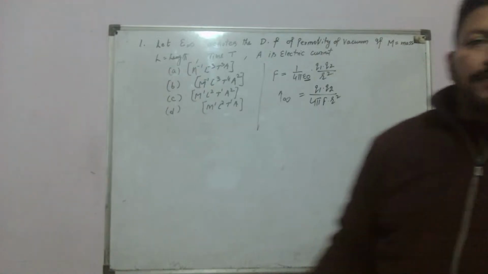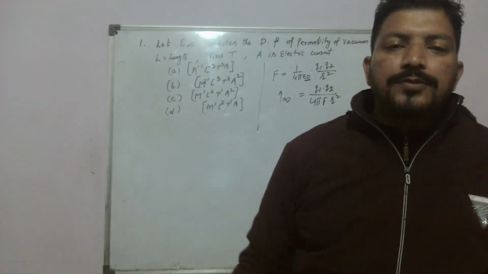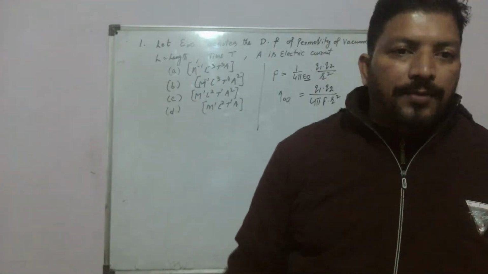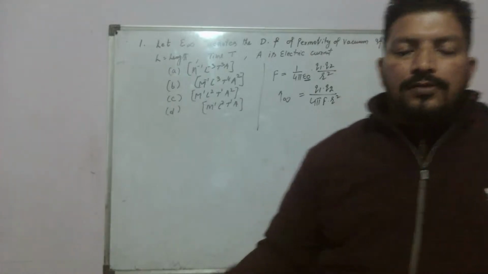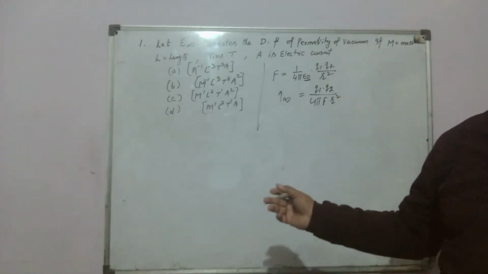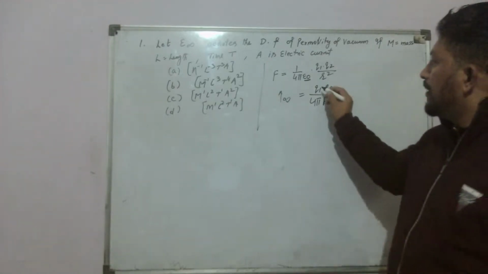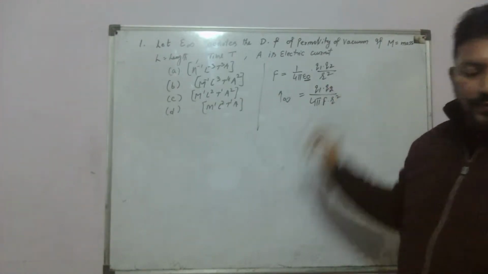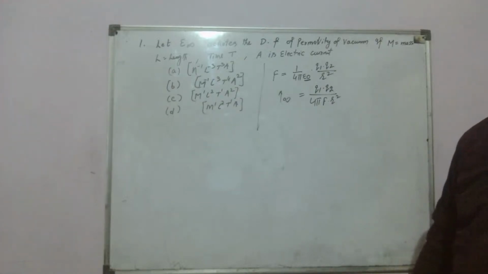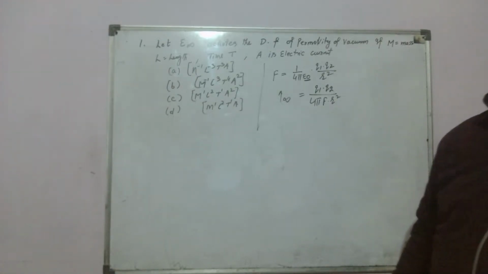Some students are aware, but maximum students are not aware. They are cramming. So do not cram the dimensional formula directly. Here is charge. The unit of charge is coulomb.